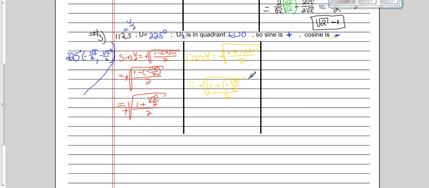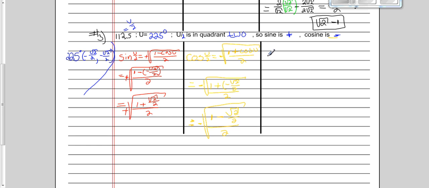Once again, there's not much I can really do there except simplify this here. So I'm going to make this look a little better by going 1 minus square root of 2 over 2 all over 2 square rooted, and of course it's still negative. Okay, sorry about the yellow there. I will not use that color again.